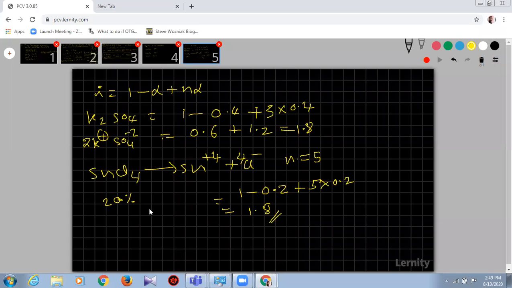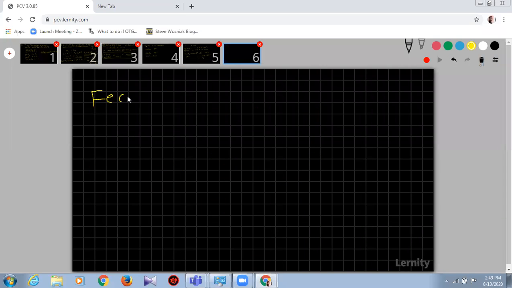I will write in the next slide. So FeCl3, this is 30%. From this we get Fe 3 plus and 3Cl minus, so the n value is 4. 1 minus alpha, 30% means 0.3, that is 30 by 100.